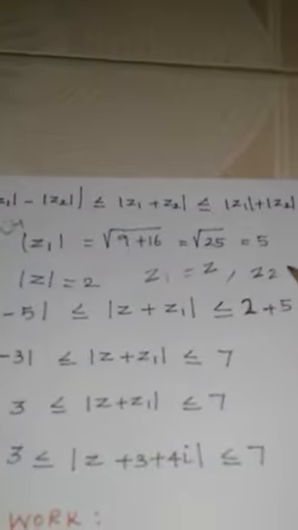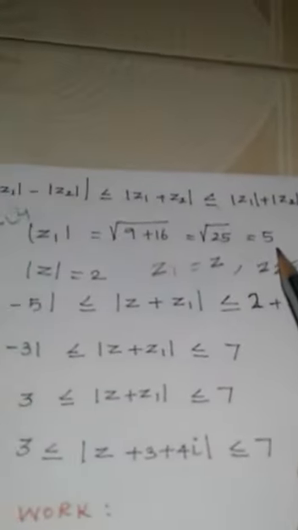Now I replace: the first part is Z, and the second part is Z1. So the modulus of the first value is 2, and modulus of the second value equals 5.